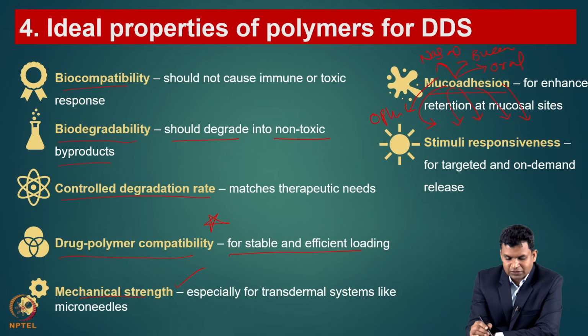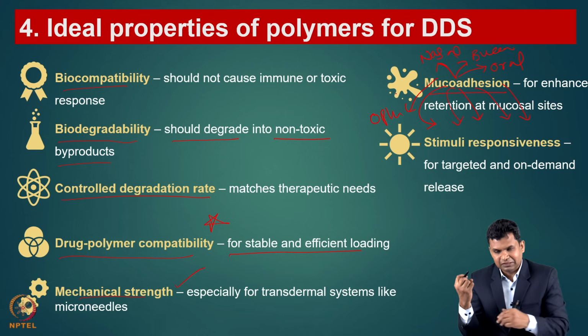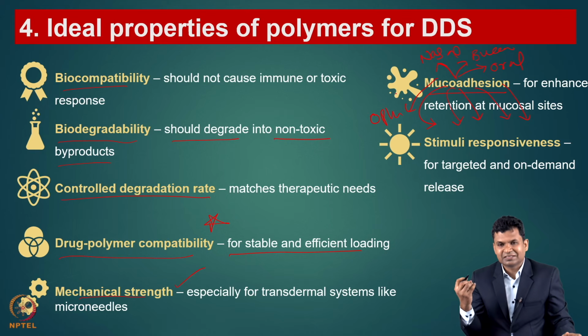So, this is not important for all types of polymers. Whenever you want to go for a mucoadhesive delivery system, your polymer should have an effective interaction or attraction with that mucin, or by using other systems or other theories, your polymer should show a mucoadhesive effect.